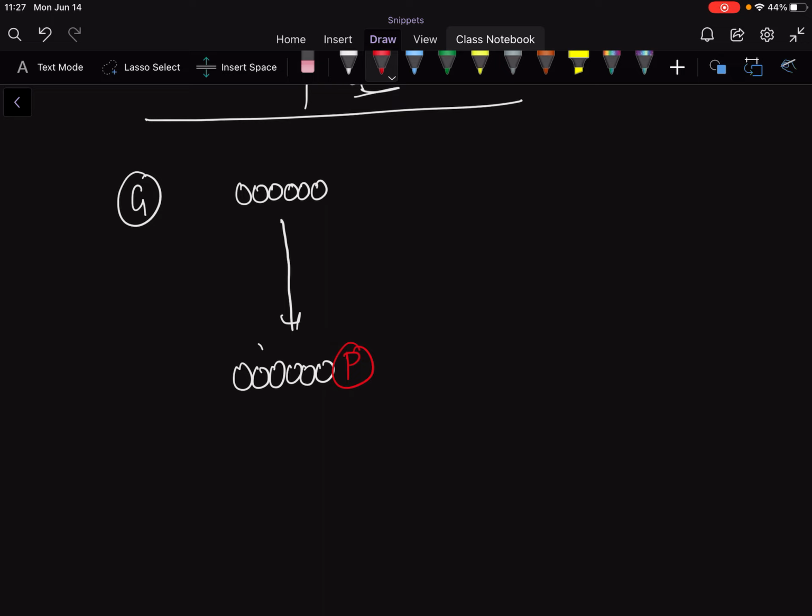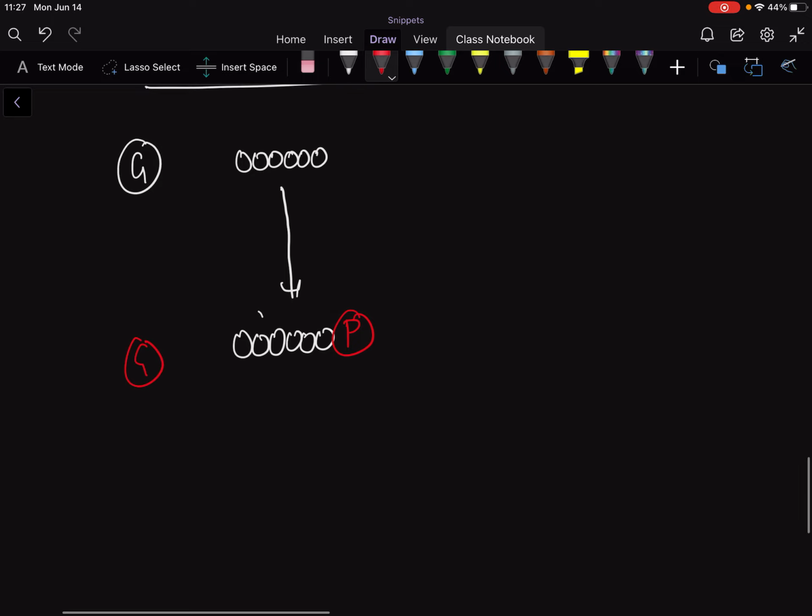Why are we adding this phosphate? Can you guess it? We are adding the phosphate because phosphates are negatively charged, and by adding this phosphate on the glucose, we are letting the glucose stay inside the cell. Suppose this is the cell.